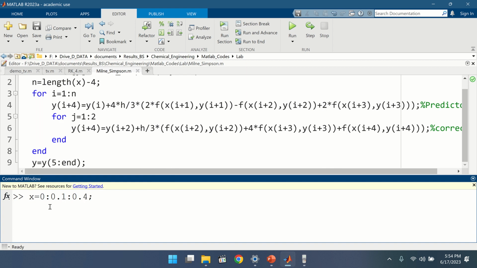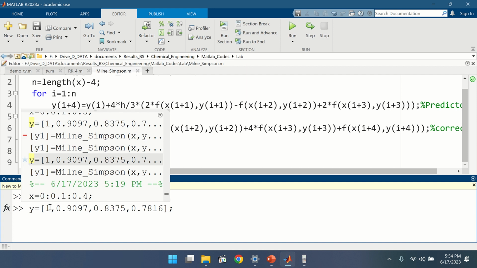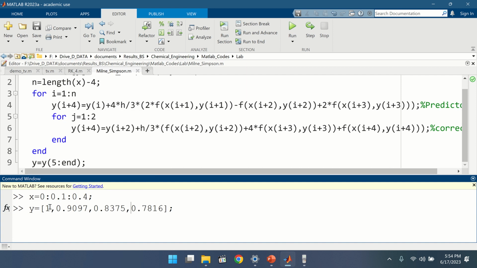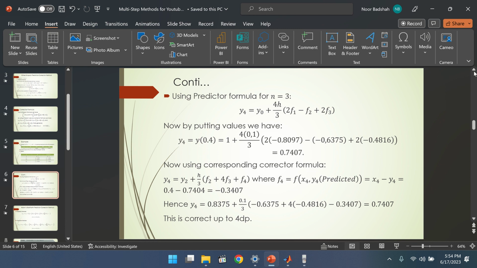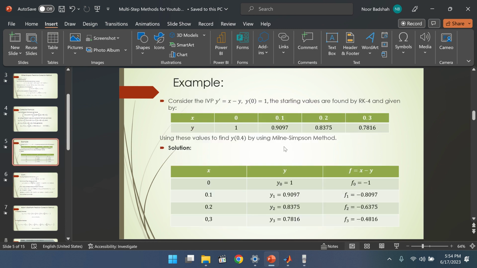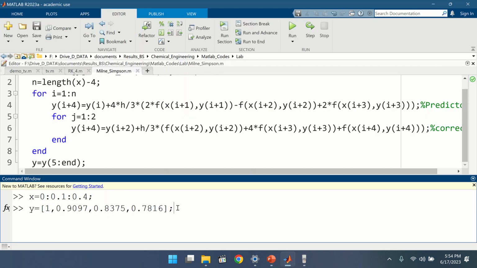My y values, if you remember from the table, are 1, then 0.9097, 0.8375, and 0.7816. So I'll take in these values.